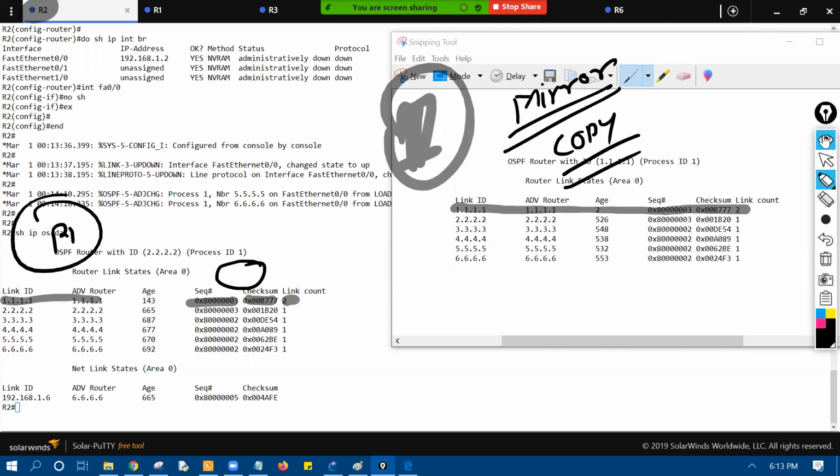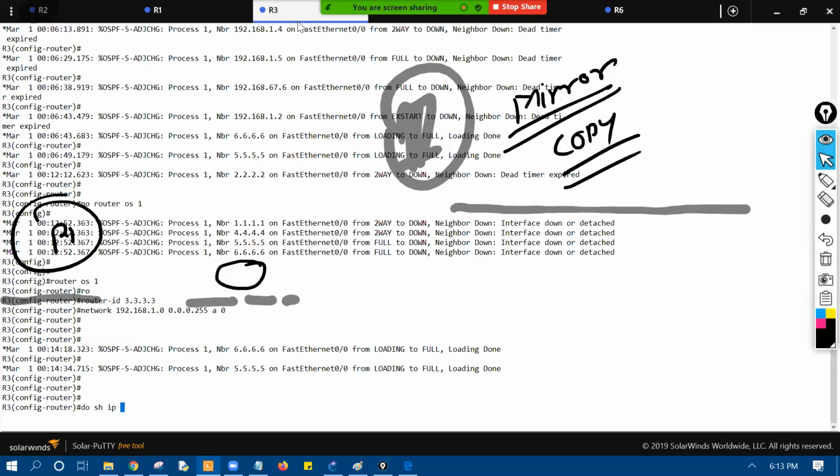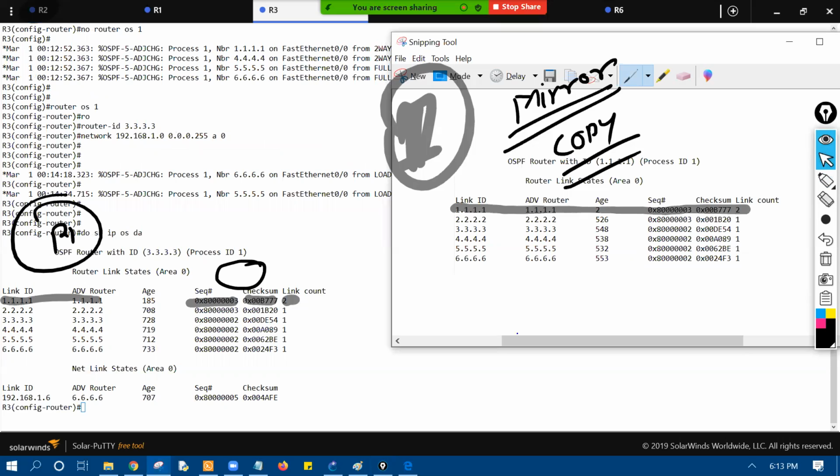If you see on any other router, R3, they have the same information. Except the age, you can compare each and everything. That's a mirror copy, right? The mirror copy will happen on every router. Then it is going to create a map of the topology.